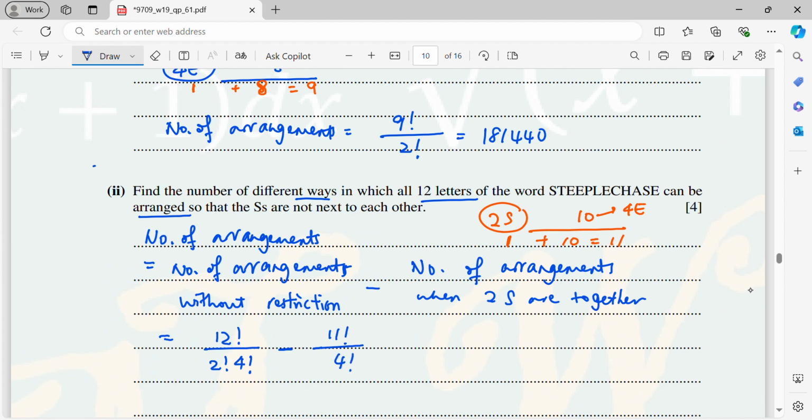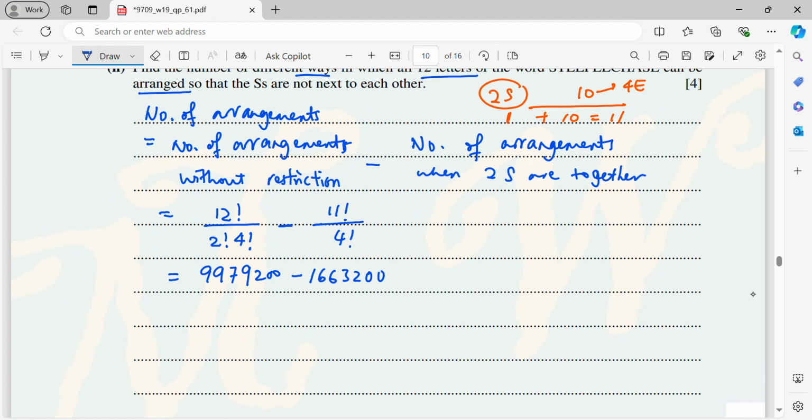So divide by 4 factorial. Then here you will be getting 9979200 minus 1663200. Then at last you will be getting 8316000. That is the number of arrangements that satisfy this condition.